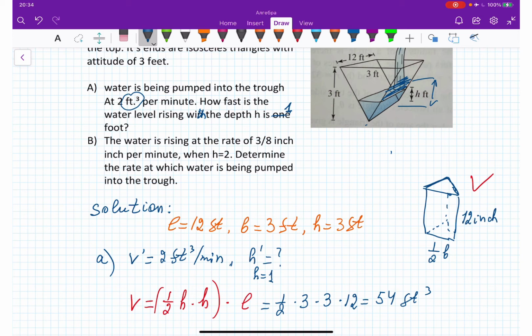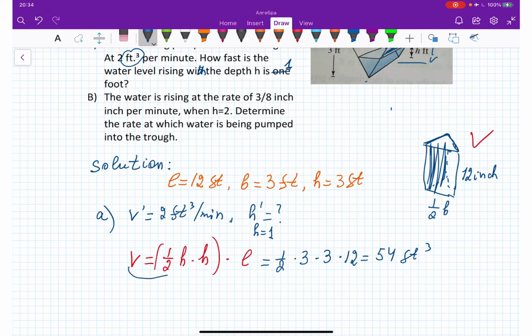So as you can see based on the picture, as the water fills up, the water forms its own right triangular prism, right? Therefore, the volume will also be identified based on this formula.